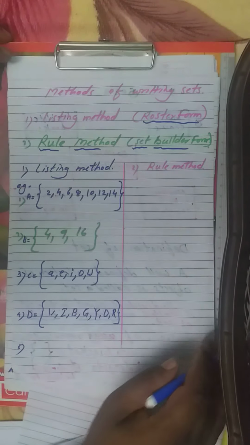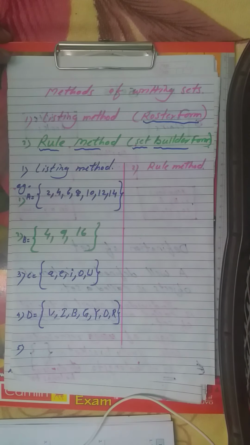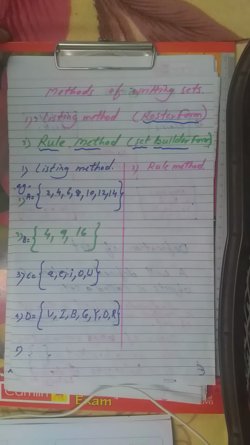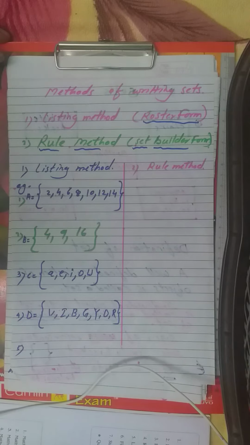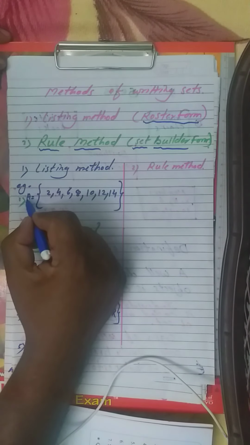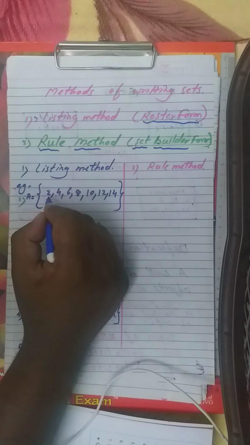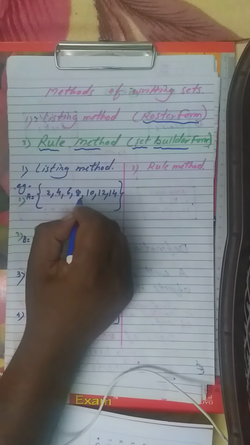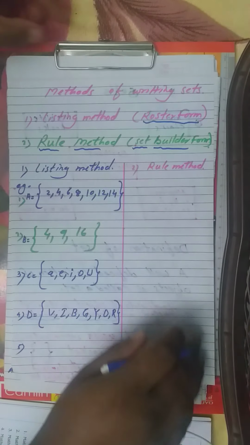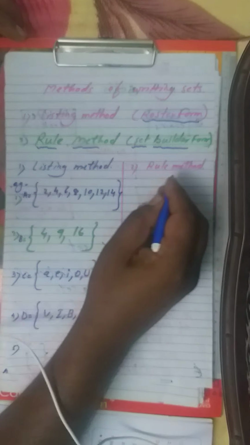The first example of this topic is given here in the listing method, and we have to write it in rule method form. In the listing method, set A is written as 2, 4, 6, 8, 10, 12 and 14 and so on. Now we have to write this set in rule method.